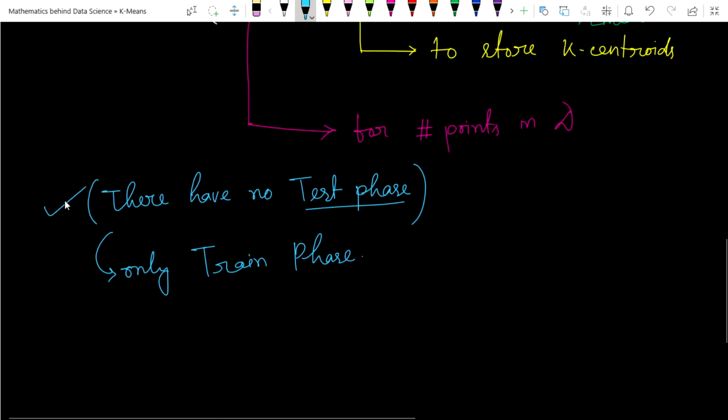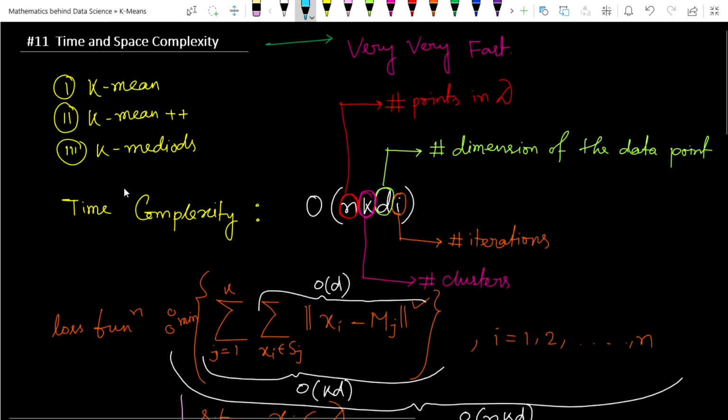This is the main advantage that reduces its time complexity.